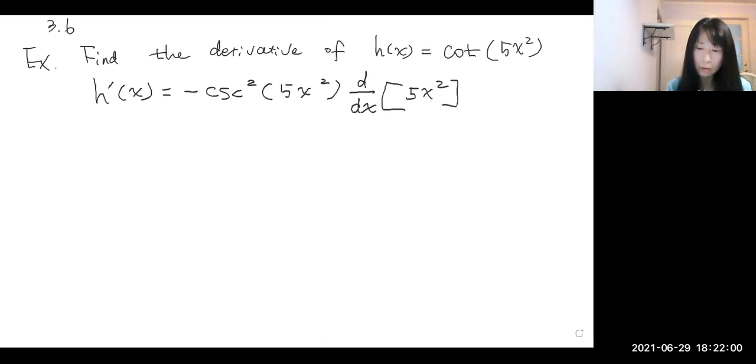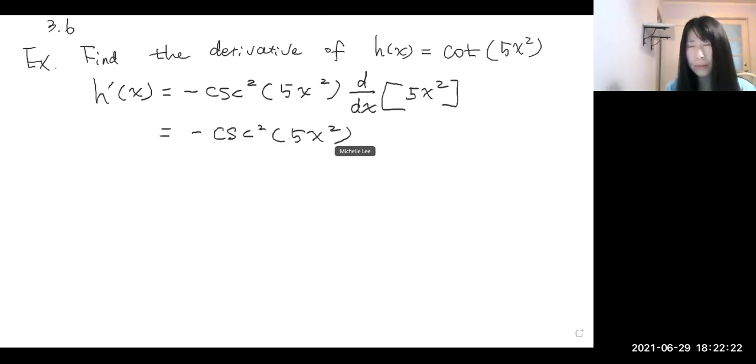All right, so we take the derivative of 5x squared. Then negative cosecant squared of 5x squared. What's the derivative of 5x squared? 10x.